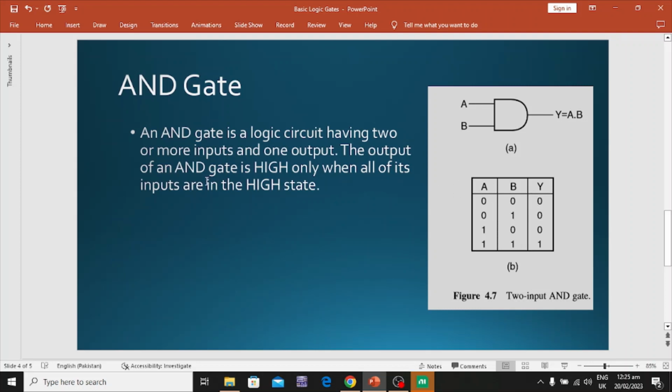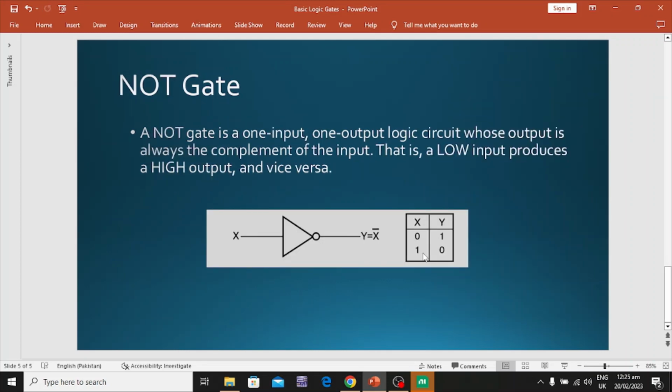The condition here is that the AND gate output is high only when all of the inputs are in the high state. So the AND gate will give us an output only when both of the inputs are high. Both inputs high, 1 1, we get 1, and the other combinations, 0 0, 0 1, 1 0, fail and we get nothing here. So the only result is that 1 1 is 1.